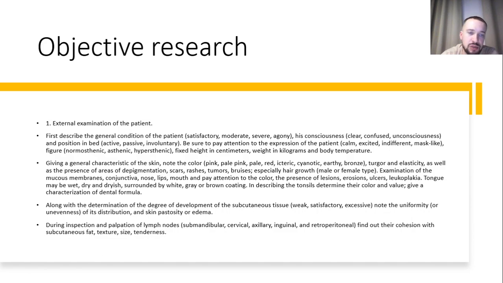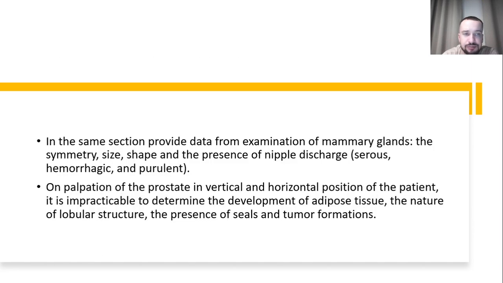Along with the determination of the degree of development of the subcutaneous tissue, note the uniformity of its distribution and skin pastosity or edema. During inspection and palpation of lymph nodes, find out their cohesion with subcutaneous fat, texture, size, tenderness.